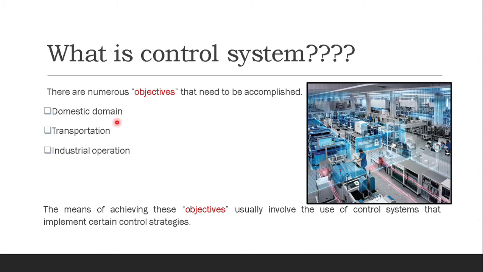As far as transportation is concerned, we need to control the automobile and airplane to go from one point to another accurately, as well as from a safety point of view. As far as industrial operation is concerned, the manufacturing process contains numerous objectives for the product that will satisfy the precision and cost effectiveness requirements.